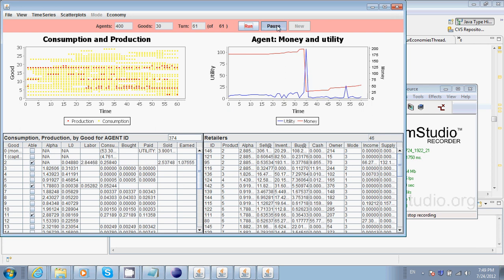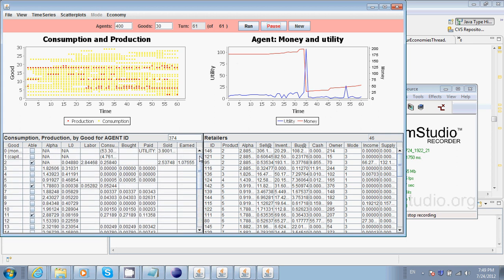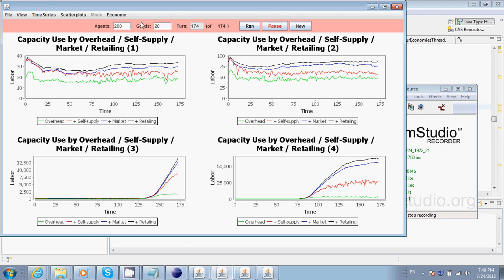I'll first focus a little bit on how agents behave. So this is an agent who's not engaged in retail, who's just engaged in consumption. Maybe I should switch over to this economy and demonstrate it here better. Go to economy 2. So go to the agent detail.